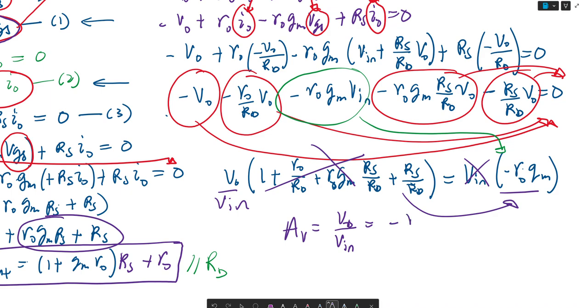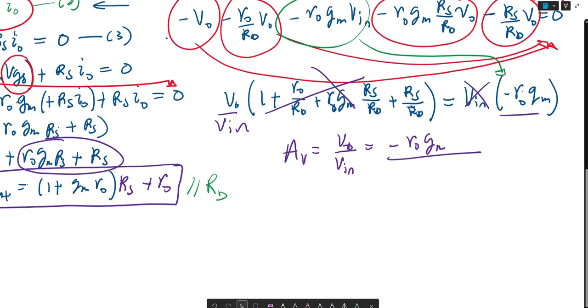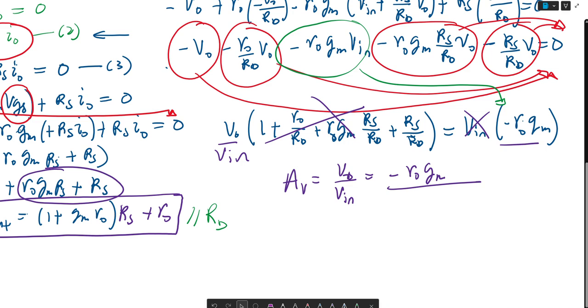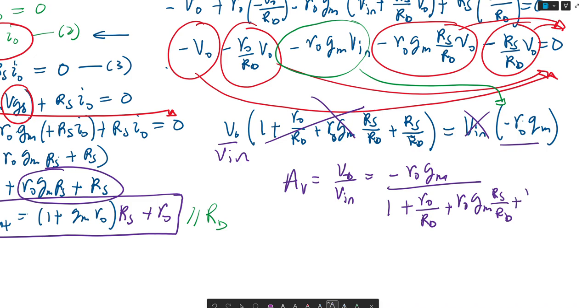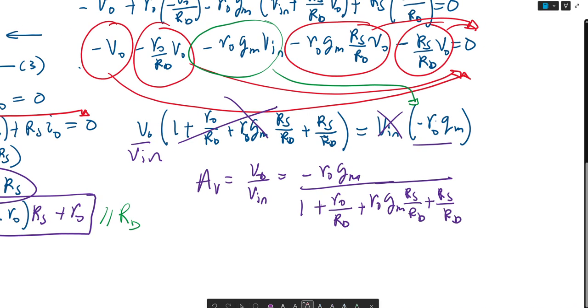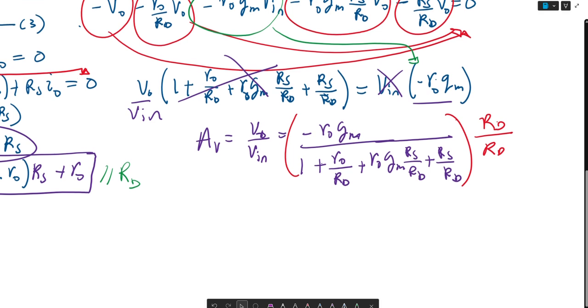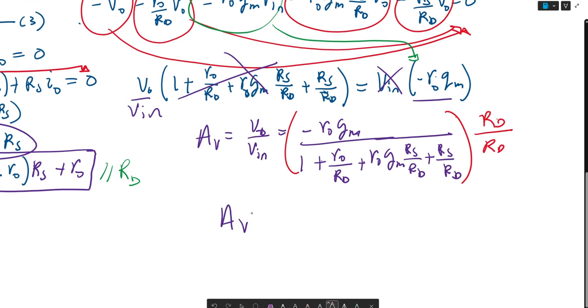So the numerator is minus RO gm over 1 plus RO over RD plus RO gm RS over RD plus RS over RD. I made a mistake here. Oh, no, I didn't. And what we're going to do here is multiply this right hand side by RD over RD.